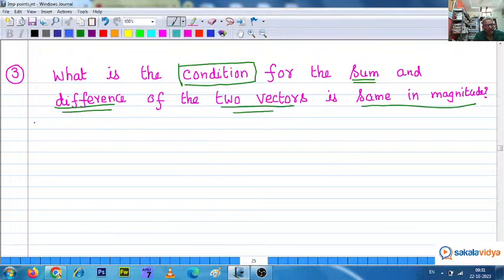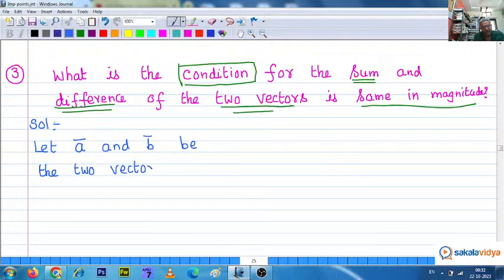So let us proceed for the solution. First write down, let A bar and B bar be the two vectors. Magnitude means modulus, you remember. Sum means A plus B. Magnitude of the sum is equal to modulus of A bar plus B bar.